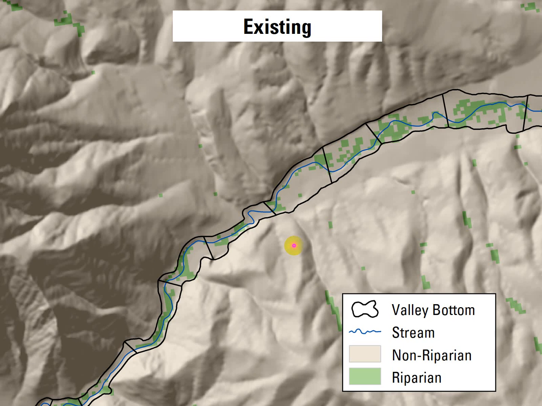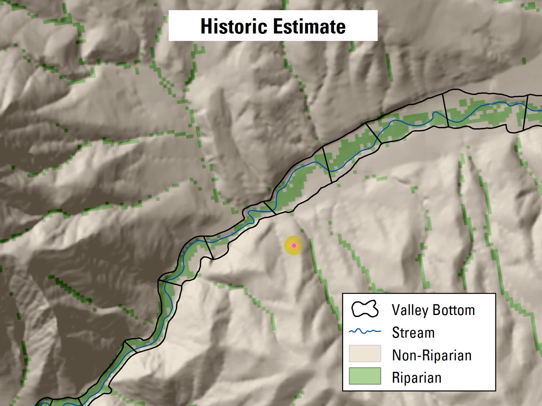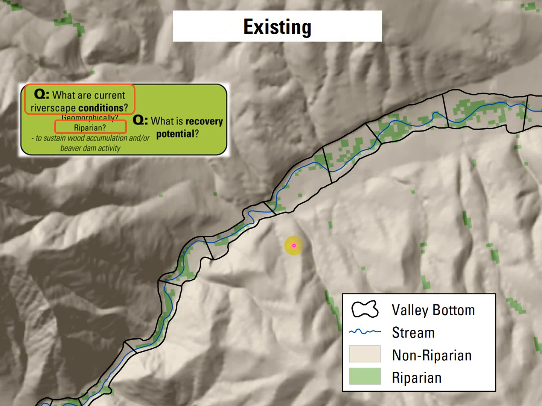We can contrast that with a model that attempts to predict what the conditions were historically, okay? And this is the contrast between those two. If we were to say this entire area must have been riparian historically, that would maybe over-exaggerate the degree of loss.